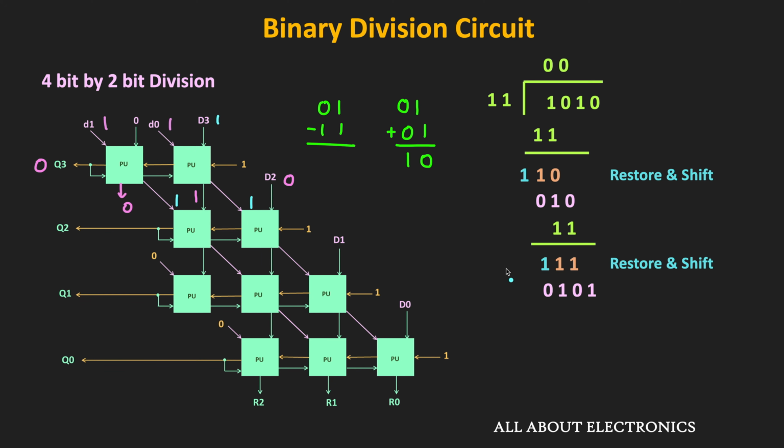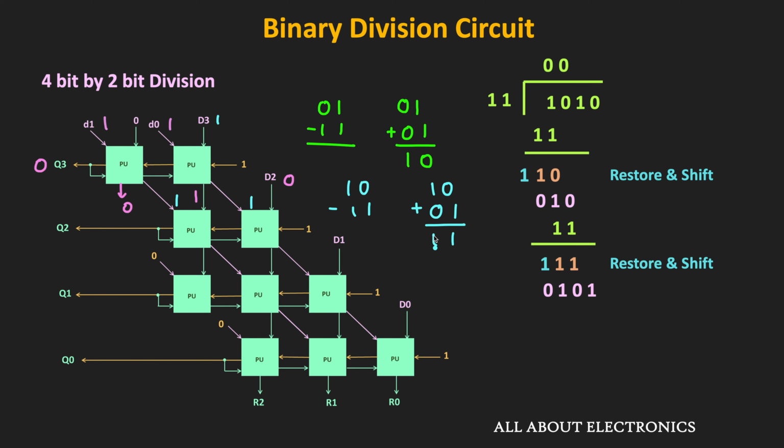So the same thing will also happen in the second stage of this circuit. As we have seen, here the one number is equal to 10, while the divisor is equal to 11. That means these two blocks will perform the 10 minus 11, or in the 2's complement form, that is equivalent to 10 plus 01, and that is equal to 11.